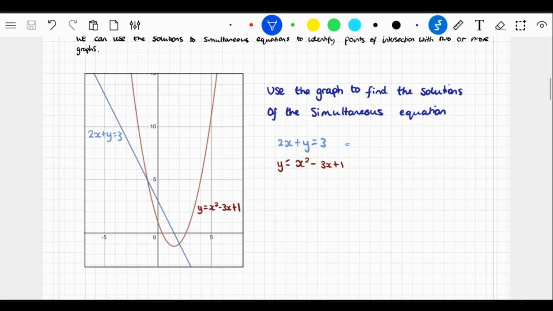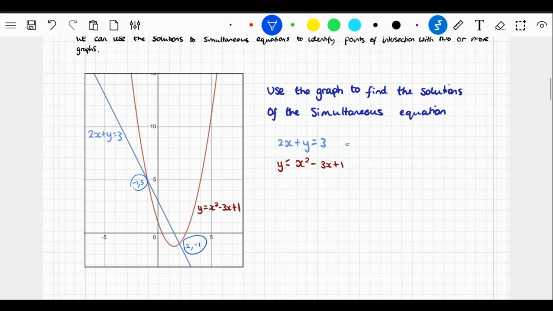So if we just look at the graph right now, it says we've got this point here, which is going to be x equals minus 1 and y is equal to 5. So that's one of the points there. And then the second point is this point here, which is x is equal to 2 and y is equal to minus 1. And that is the second point there.